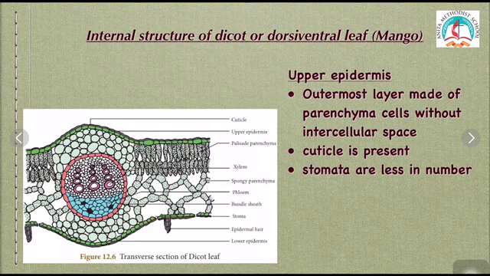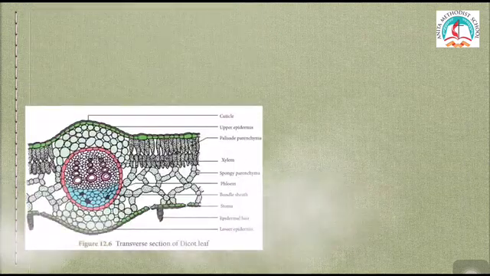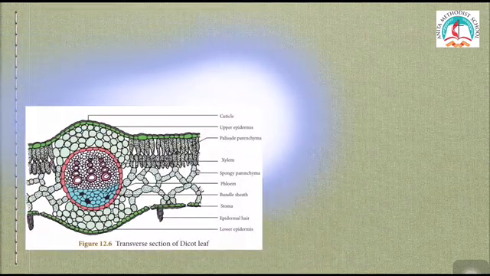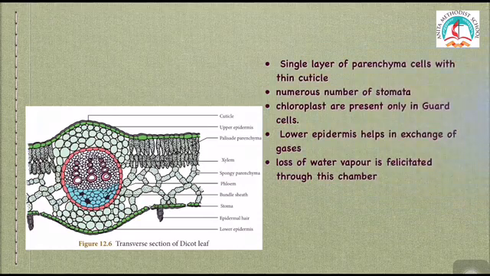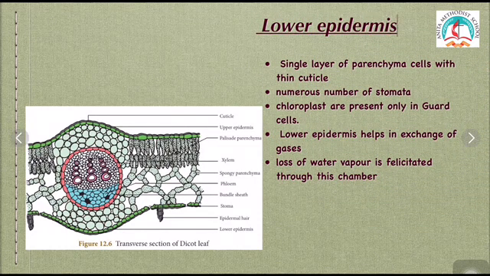Stomata are less in number. The next structure is lower epidermis. It is a single layer of parenchyma cells with thin cuticle. You can see this is lower epidermis and it has a thin cuticle. A line that runs below the lower epidermis is called cuticle.